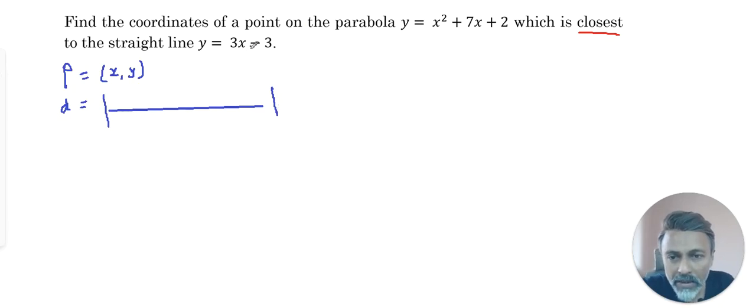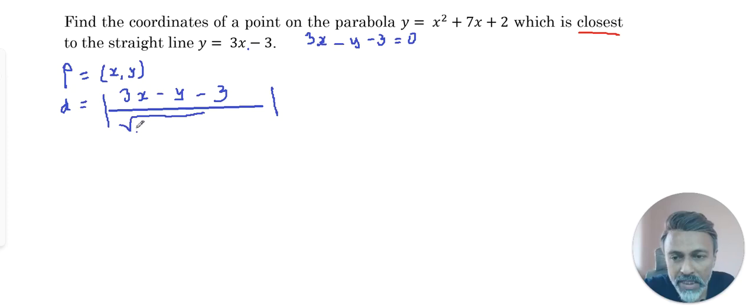So we can write this equation nicely: 3x minus y minus 3 is equal to 0. So we write 3x minus y minus 3 upon a root of the sum of squares of the coefficients of x and y. 3 square is 9, plus (minus 1) square, y's coefficient, is 1.